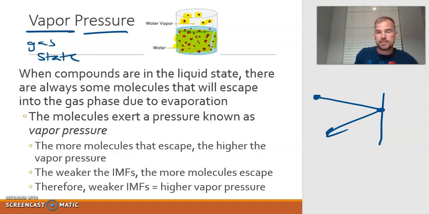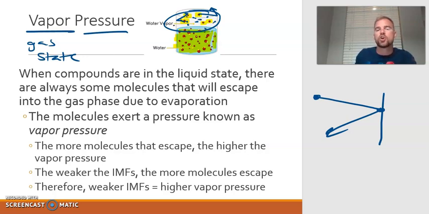Now think about it. These particles that are now in the gas phase can move about, and what they do is they bounce off the sides of the container, okay, and they exert pressures. Now, what would increase the pressure up here? Well, more water particles, right? If there were more water particles that were able to escape into the gas phase, that would mean a higher pressure.